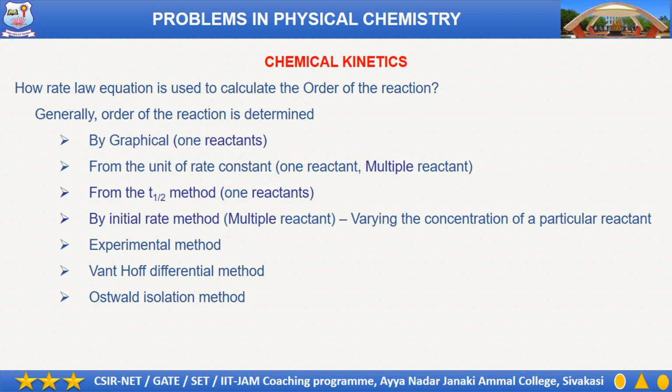Now A is isolated from B and C. You can vary the concentration of A and find out the order with respect to A. Then keep the other two reactants in large excess and vary the concentration of B. Therefore, this method and that method are entirely the same, but here we keep the concentration of the other reactants at a low quantity, whereas in Ostwald's method we take that concentration in a large quantity.